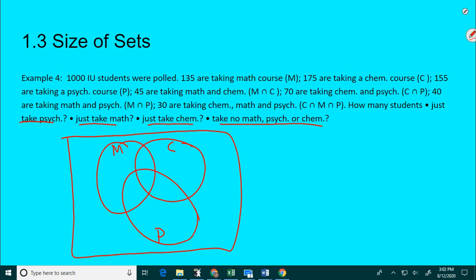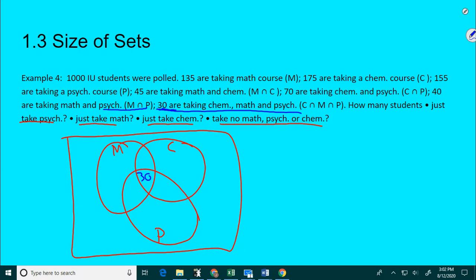In this case, we can. So if we look, there's our middle right there. 30 are taking all 3. Once I've got that, you can start working your way out. A lot of times these are written in order from the inside, or kind of from the outside in a way. So here's my very inside. I'm just going to go backwards here.